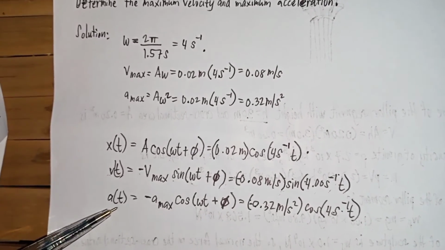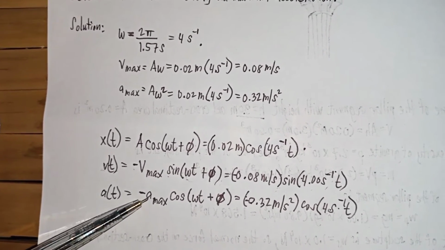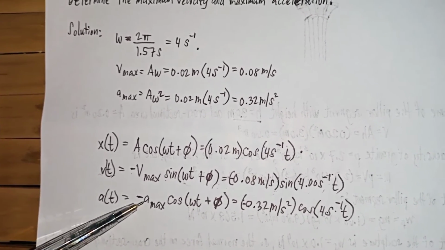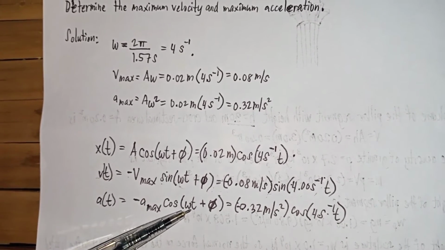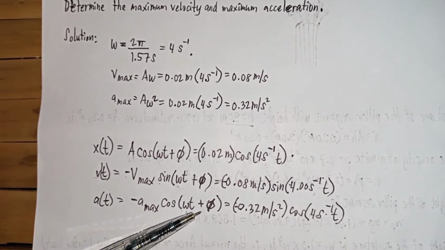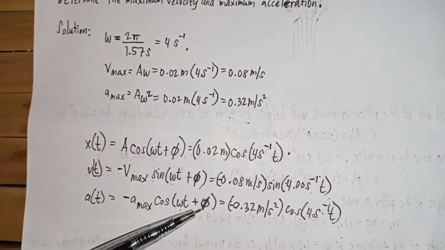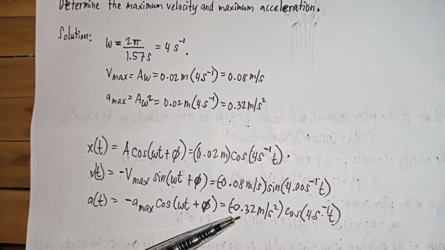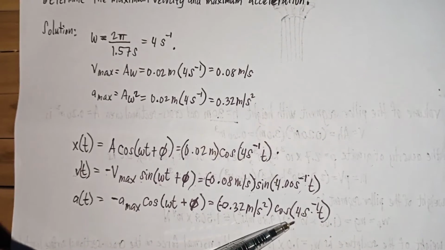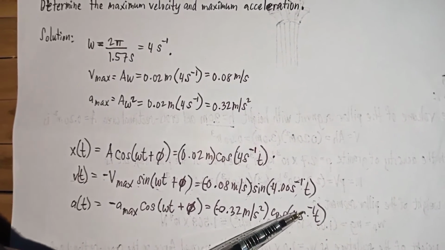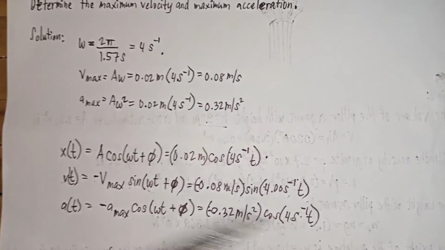Then acceleration as a function of time equals negative maximum acceleration times cosine of angular frequency times time plus phase shift equals negative 0.32 meters per second squared times cosine of 4 s to the power of negative 1 times t.